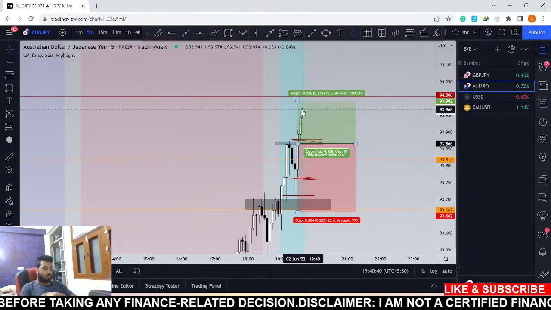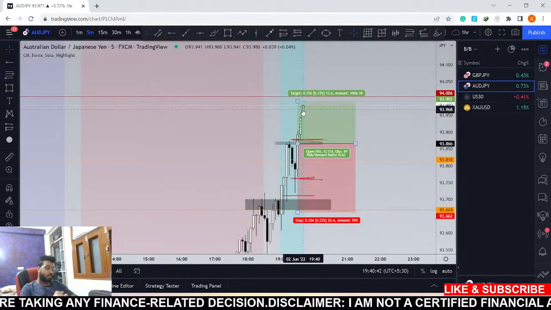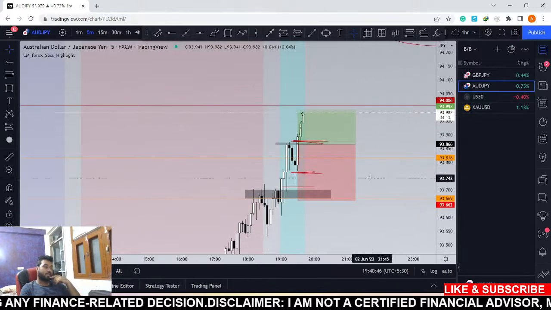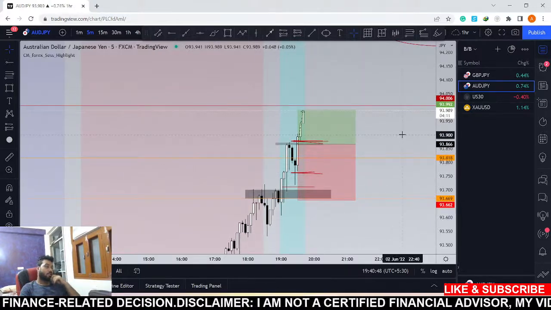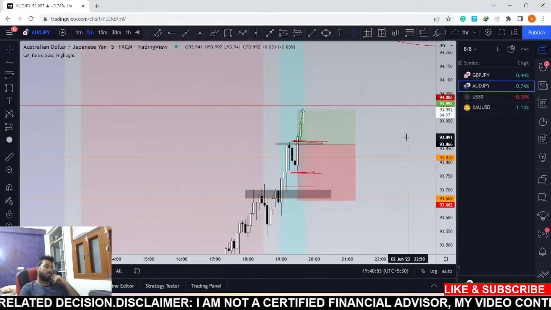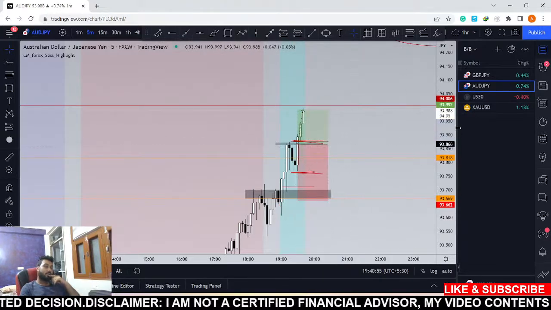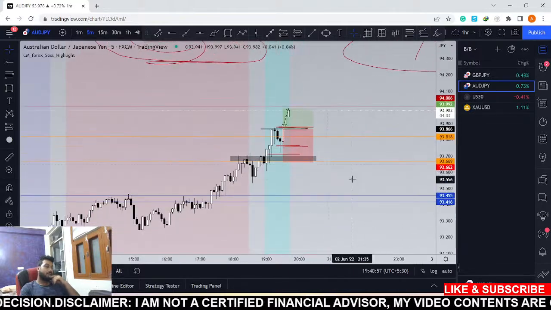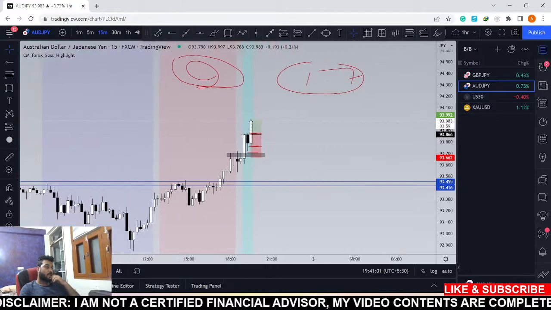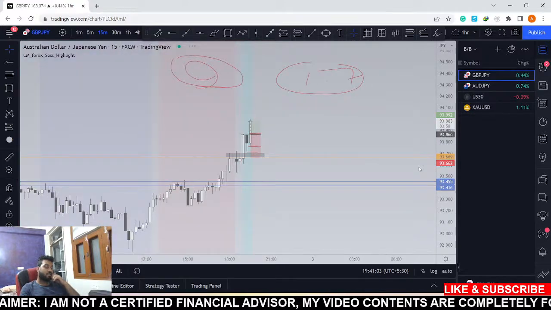Some in which trade, Parmeshwar? On this AJ or in other trade? In which trade you are asking? It just hit the take profit, you can see.